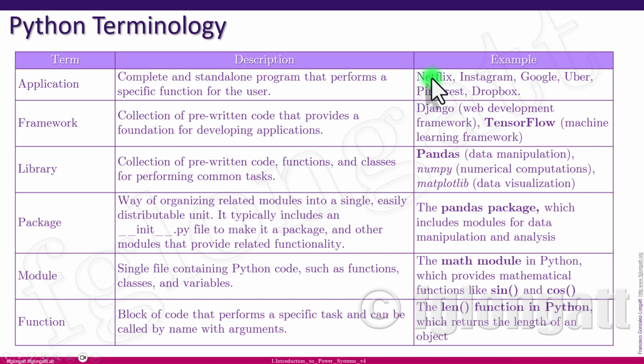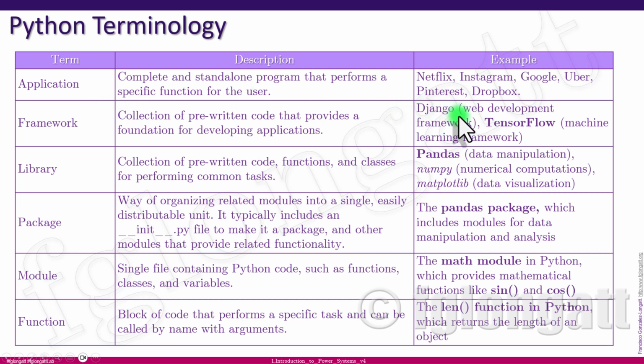And you are very familiar with applications because that is what people face. This is, for instance, Netflix, Instagram, Google, Uber, Pinterest, or Dropbox. So what I am telling you is that those applications are created based on a framework.